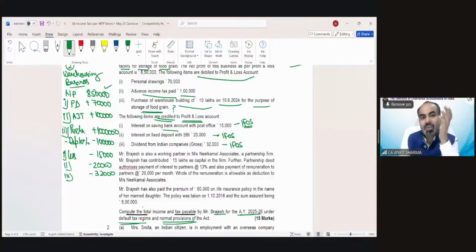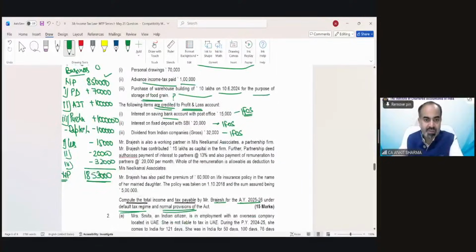So the information regarding the warehousing business is completed. So my net profit as per income tax after adjusting all these expenditures and incomes would be 18,53,000. This is my second income, from the warehousing business.